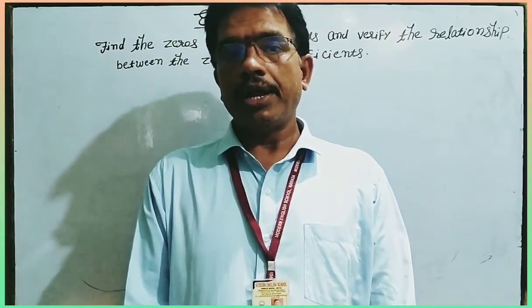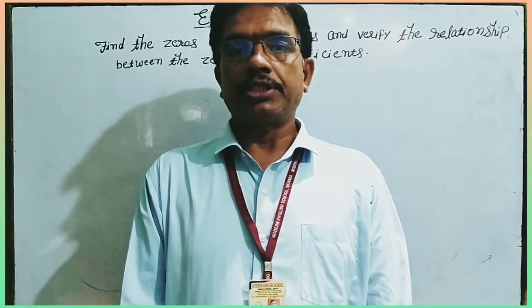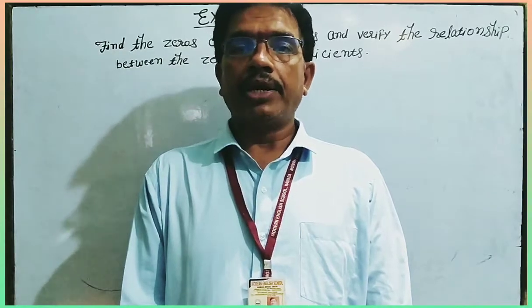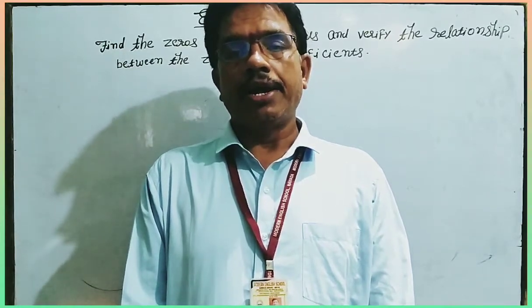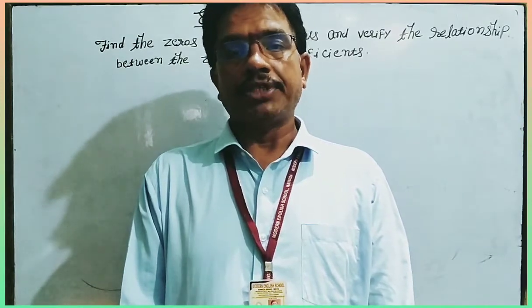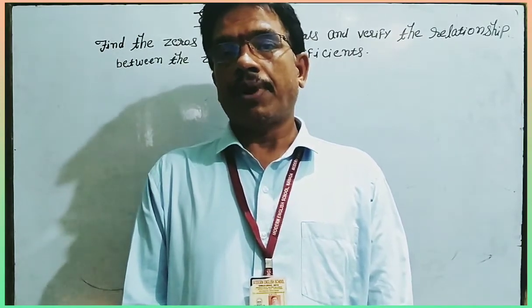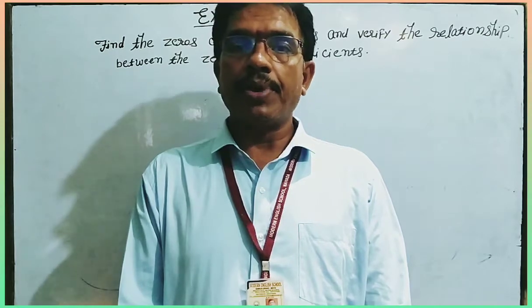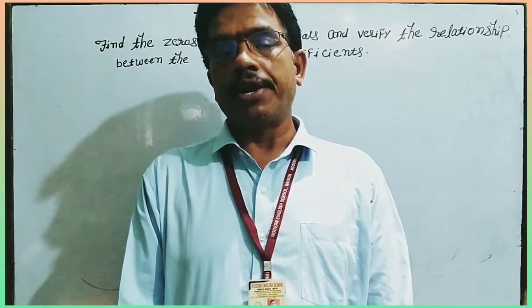So today again I discuss this type of question, starting from: find the zeros of the polynomial and hence find the relationship between their coefficients. That polynomial is a quadratic polynomial.